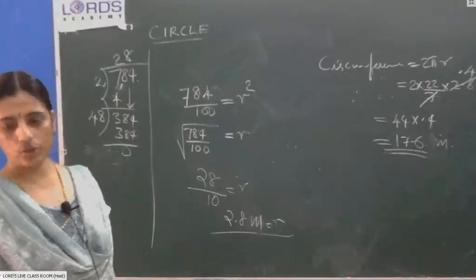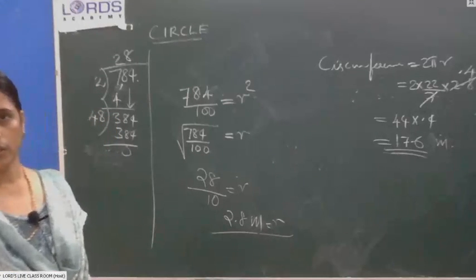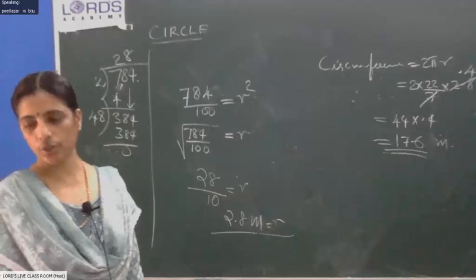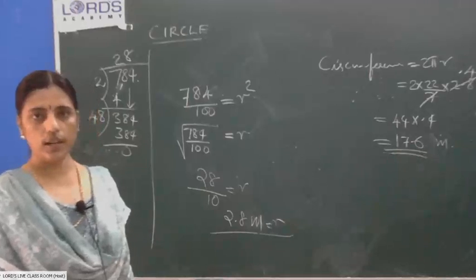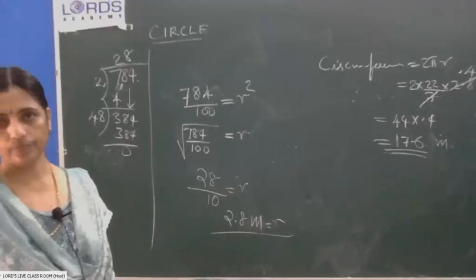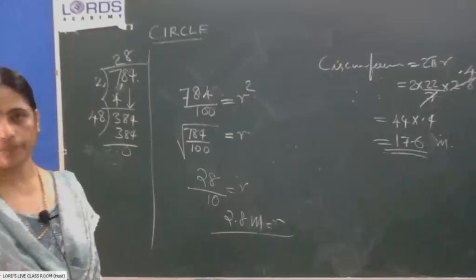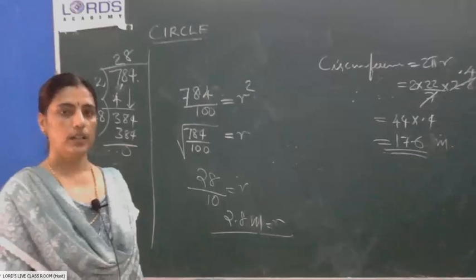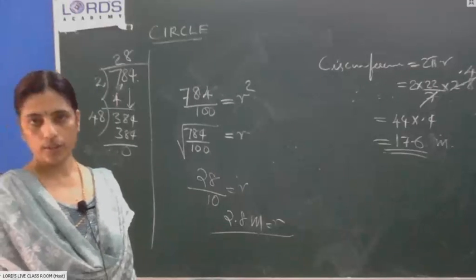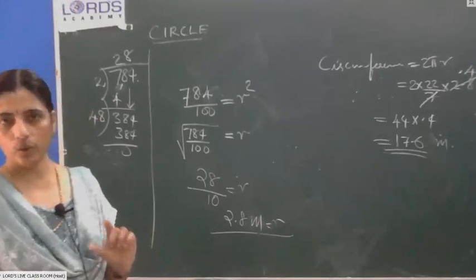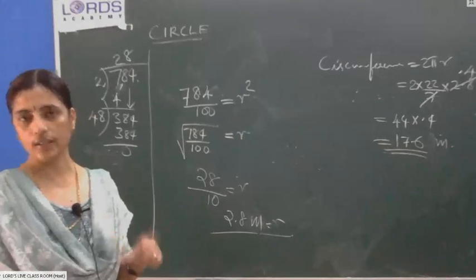The perimeter of a square whose each side is 22 centimeter is the same as the circumference of a circle.